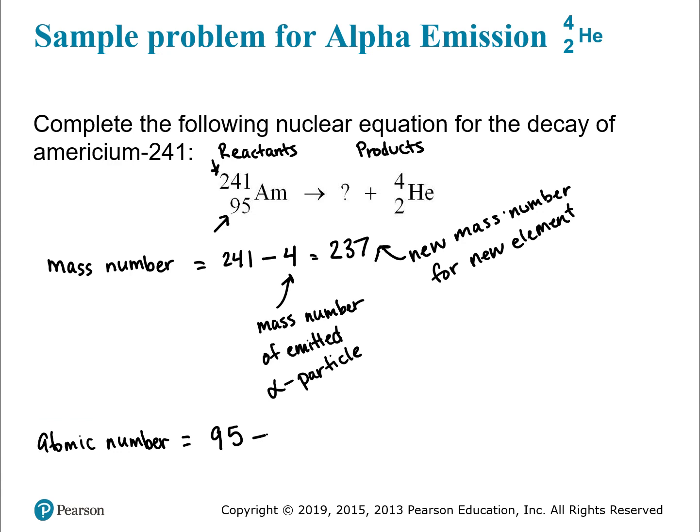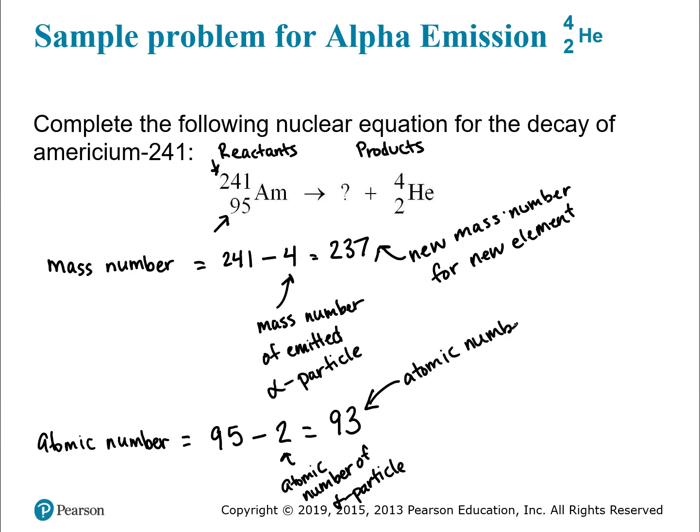We know that helium has 2 protons. That's its atomic number. So we subtract that and we get 93. This is the atomic number for the new element.